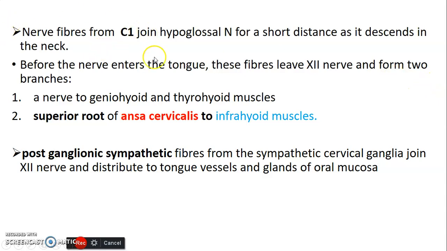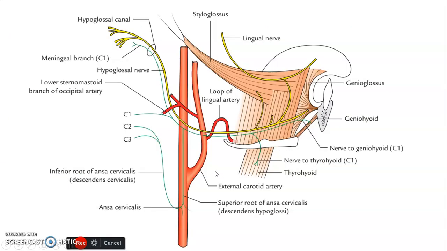Remember, we said C1 fibers from the C1 portion of the spinal cord usually join the hypoglossal nerve. But before the hypoglossal nerve enters the tongue, these C1 fibers will leave and form two branches: the nerve to geniohyoid and thyrohyoid, and a superior root of ansa cervicalis, which innervates the infrahyoid muscles. Then we also have postganglionic sympathetic fibers from the sympathetic cervical ganglia that also join this hypoglossal nerve so that they're able to distribute to the tongue vessels and the glands of the oral mucosa.